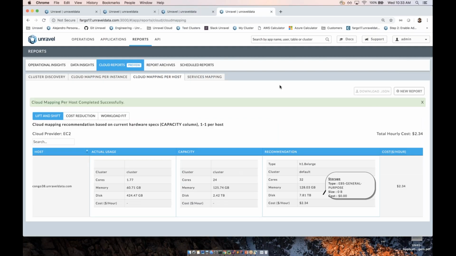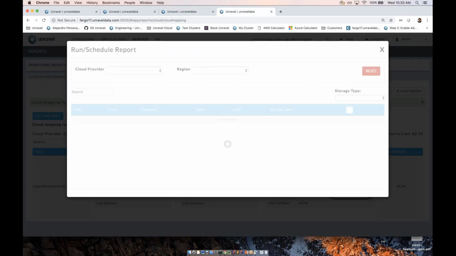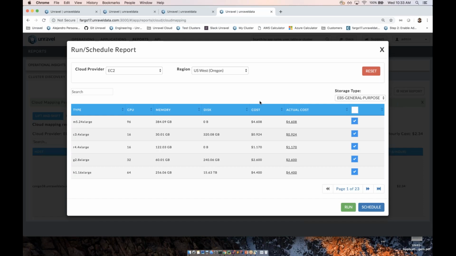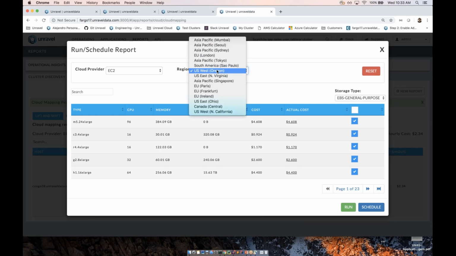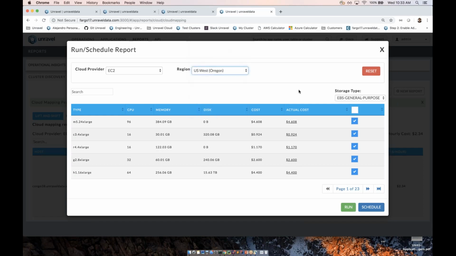We've improved this feature further so that you can save your VM preferences, and it's aware of multiple regions, since the price depends on the region and whether you want to use a different storage system. If you're using EC2 or EMR, how do you convert your HCFS system into storage?